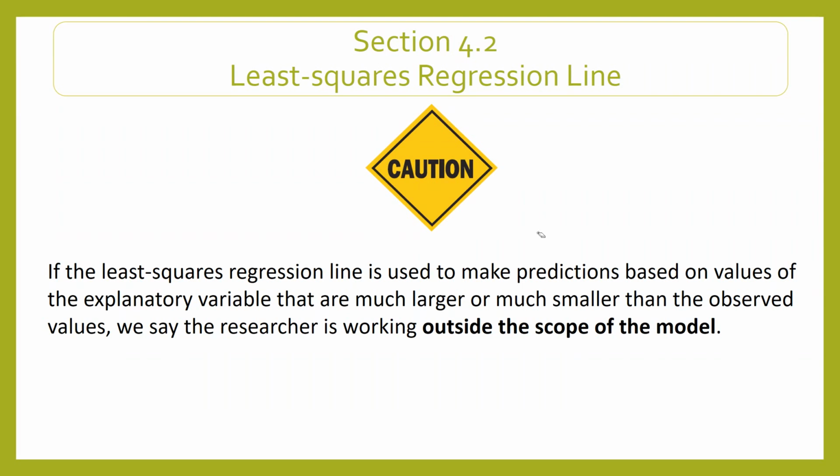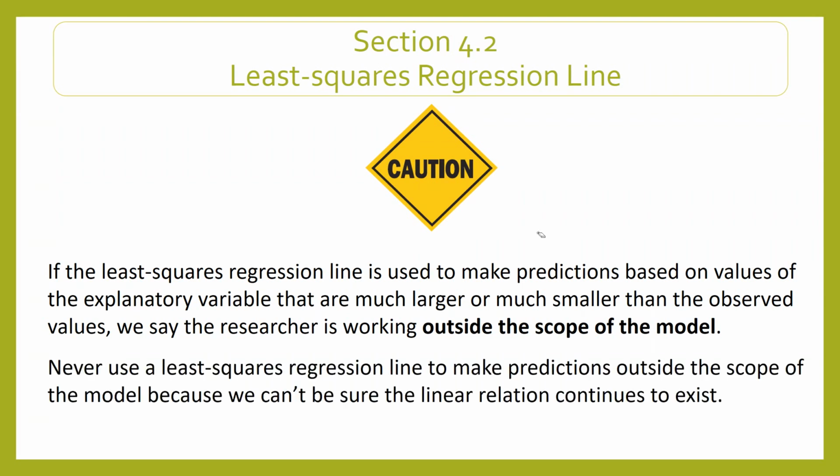This is not resistant. So we must never use a least squares regression line to make predictions outside the scope of the model, because we can't be sure the linear relation continues to exist. The linear relation may not continue to exist. So it has to be within the scope because this is not resistant.